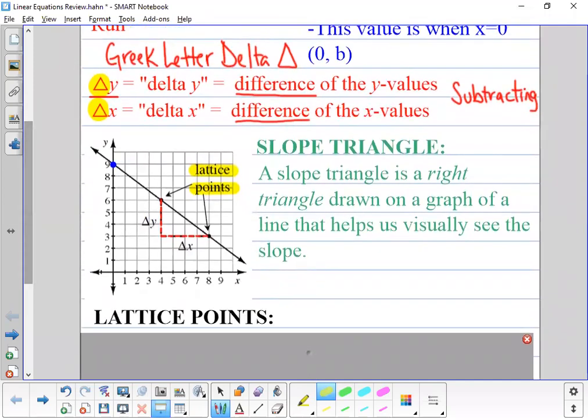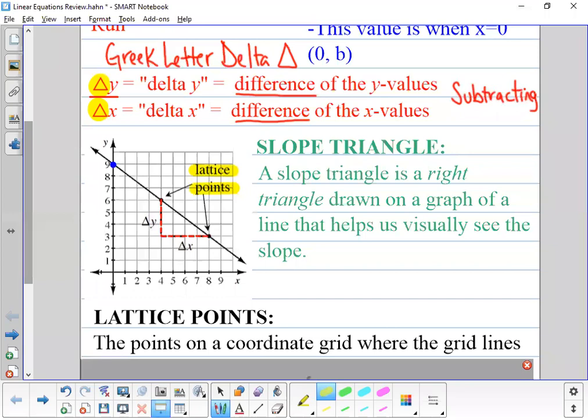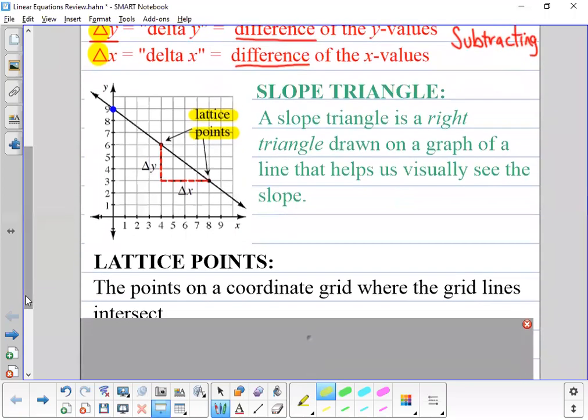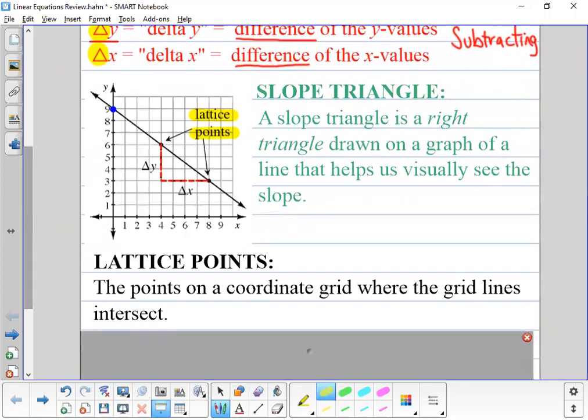And here's what I mean by a lattice point. A lattice point is the points on a coordinate grid where the grid lines intersect. So if I'm looking at this graph, I'm going to look at my line and see where it crosses an intersection point of the grid. So here's one intersection point. So that's what I call a lattice point.